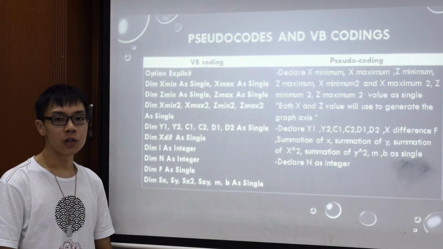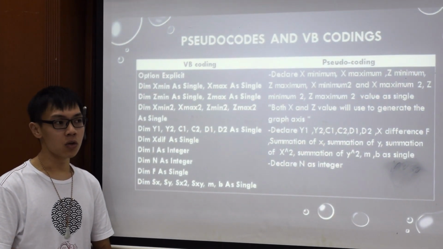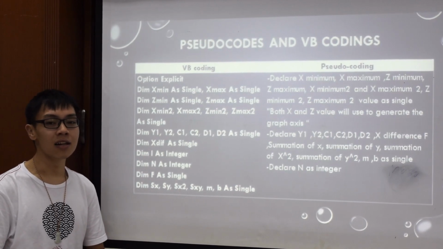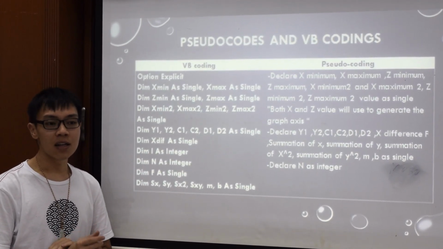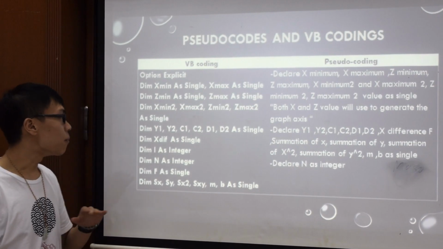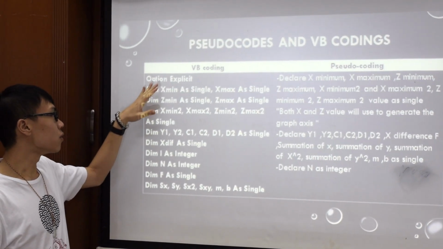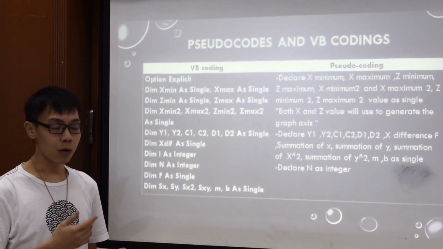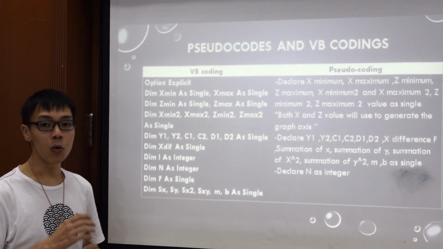Before we proceed with the further coding, the first thing that we want to do is to clearly declare the output to the extent that we are interested. Before that, we first input Option Explicit, which is a global declaration, so variables are declared throughout the whole coding.